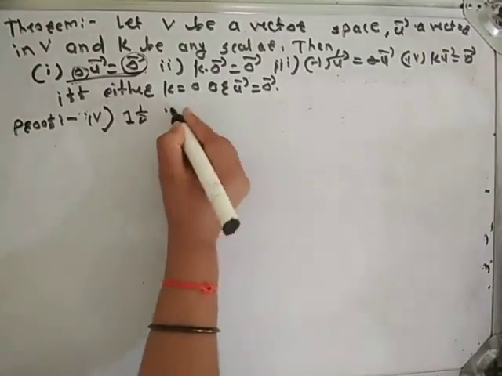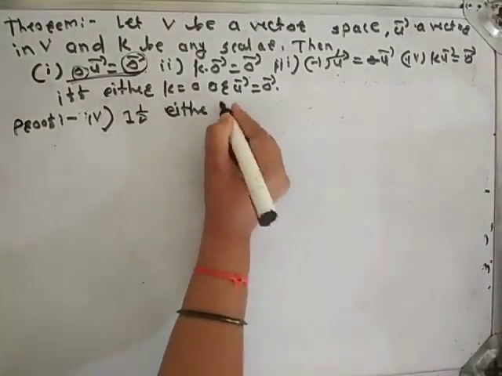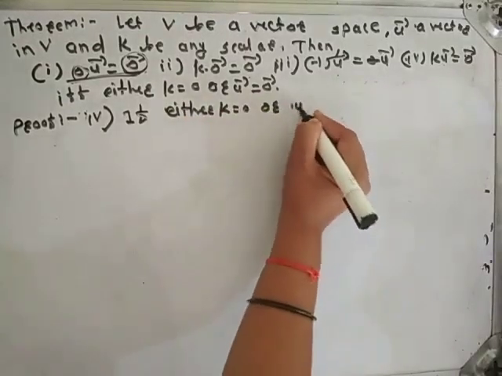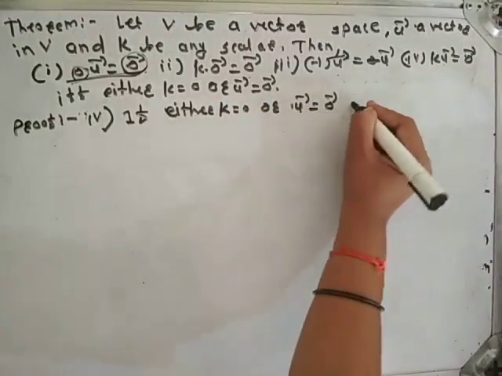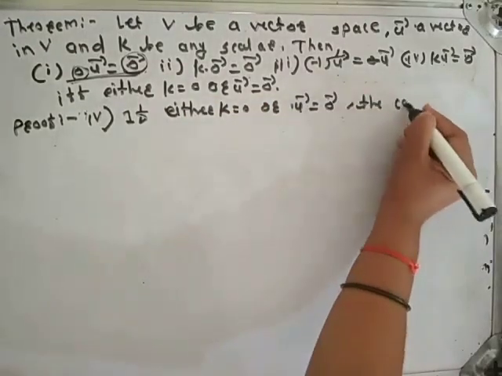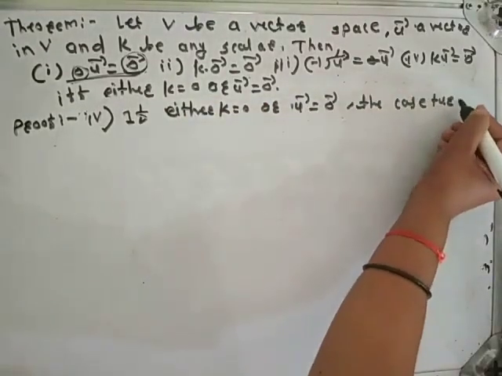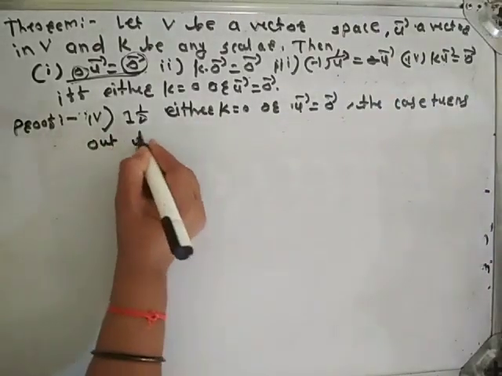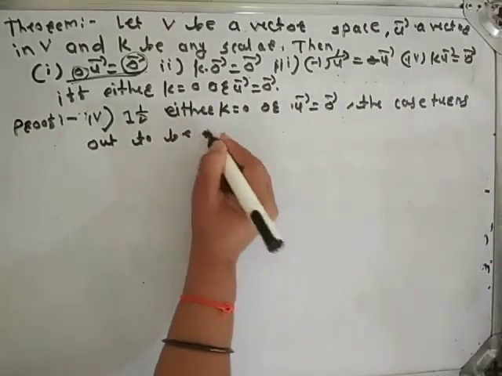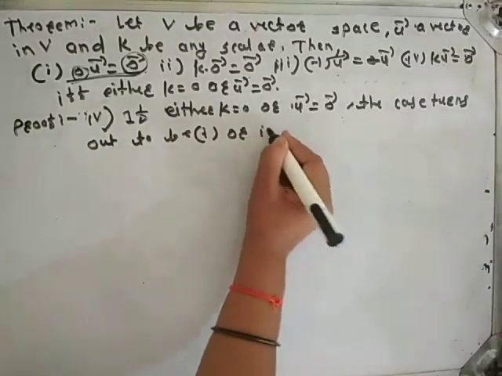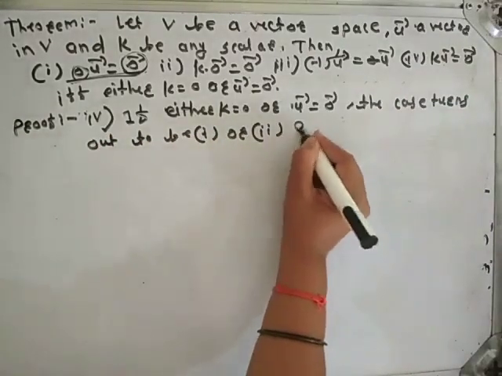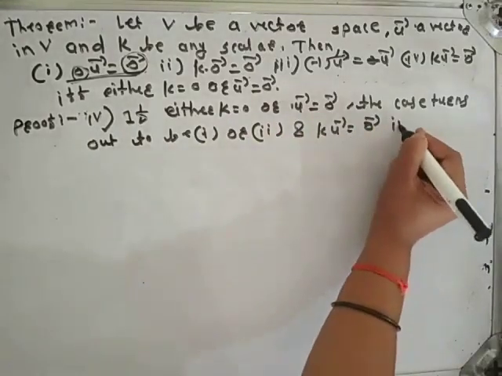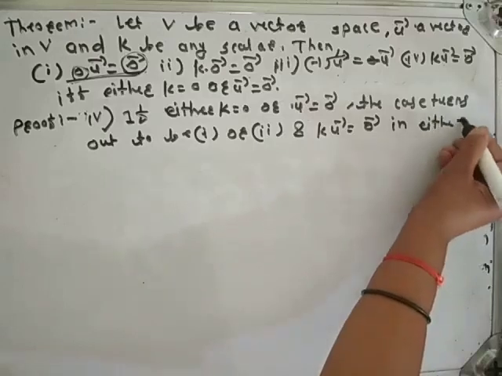If either k is equal to 0 or u bar is equal to 0 bar, the case turns out to be case 1 or 2, and we will get k into u bar is equal to 0 bar in either case.